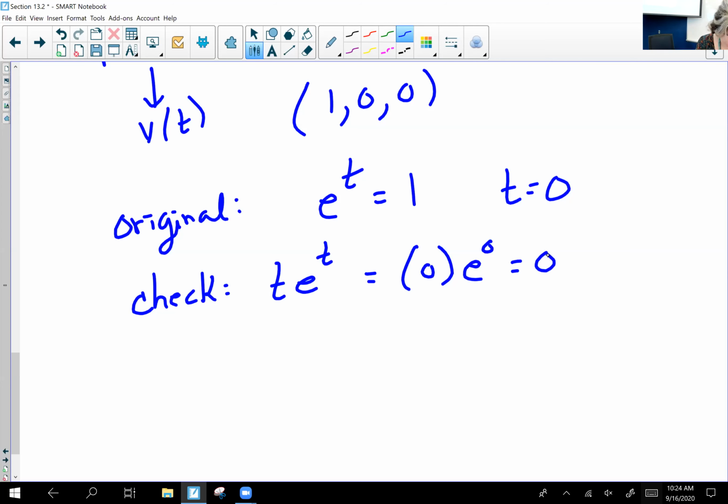The t squared was in the exponent. t e to the t squared, so that's going to be 0 e to the 0, which equals 0. All right, so I'm good. At t equals 0, I'm able to define that point. Okay?